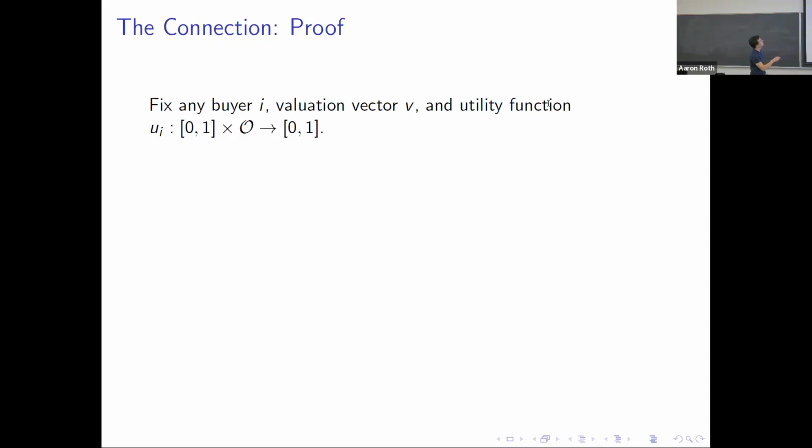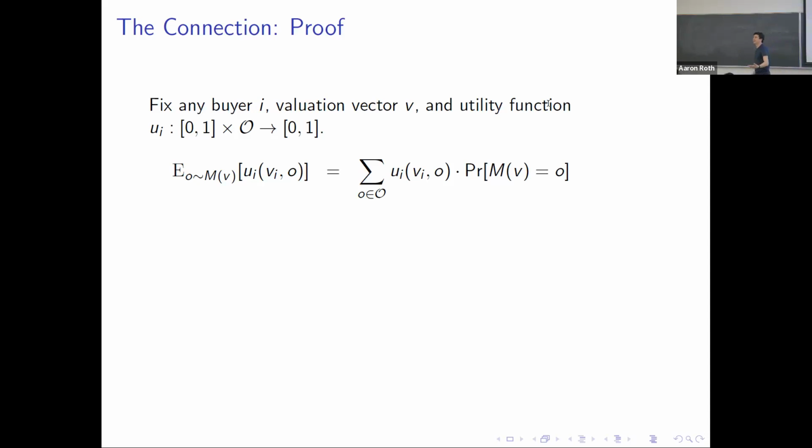Okay, so let's focus on a particular buyer i and a particular vector of bids v, and a particular differentially private mechanism M, and let's directly compare buyer i's expected utility if he tells the truth with his expected utility if he deviates. So let's start with his expected utility if he tells the truth. It's his utility in which we plug in, on the one hand, his true value.